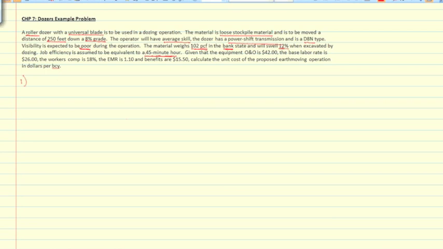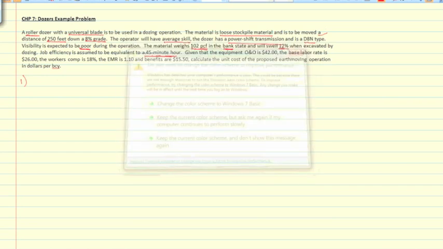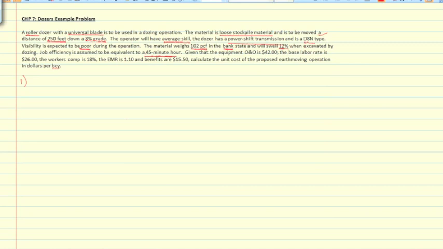So for that, information that you're going to want is the type of dozer. So this D8 right here. You're also going to want to know the distance, 250 feet.